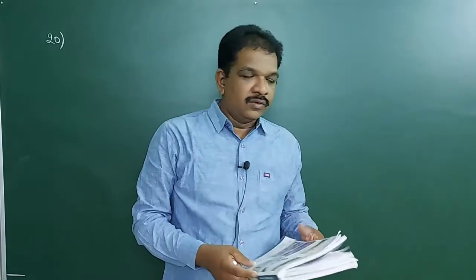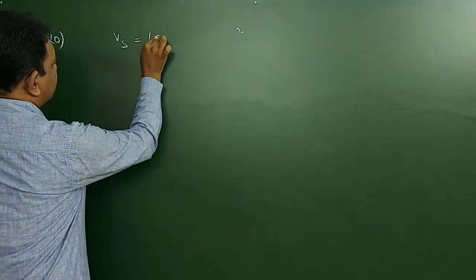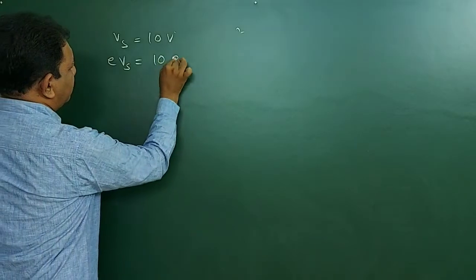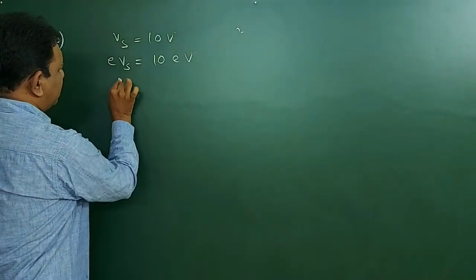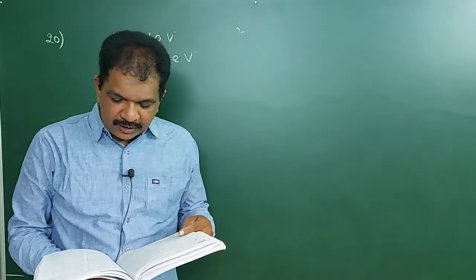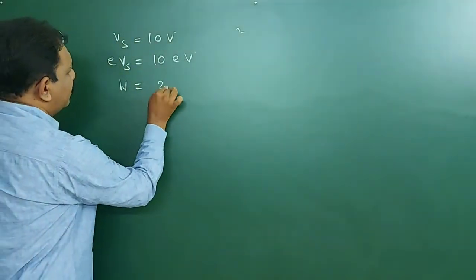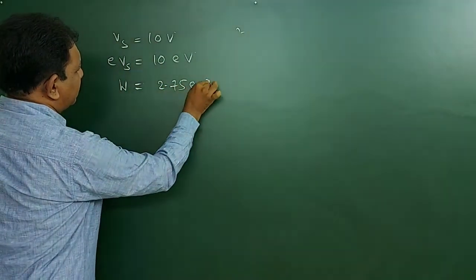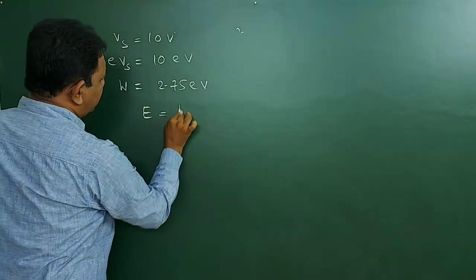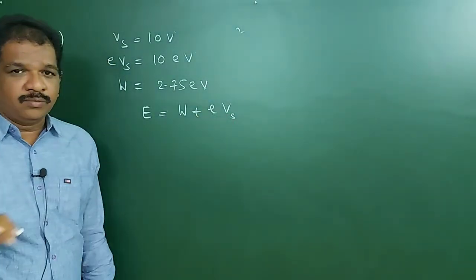Okay, so stopping potential is 10 volt. Then eVs value will be how much? 10 electron volt. Work function value they mentioned as 2.75 electron volt. So E is equal to W plus eVs, basic formula.